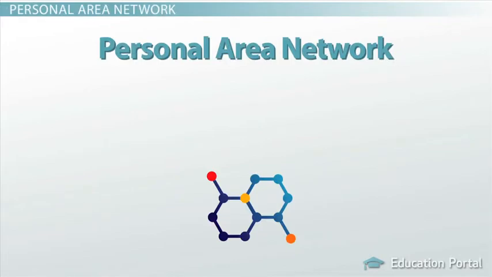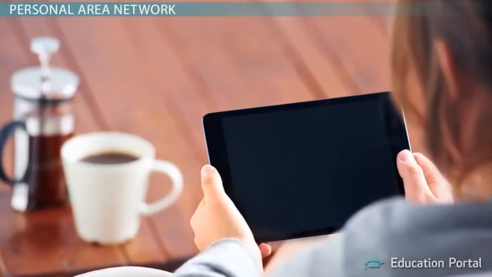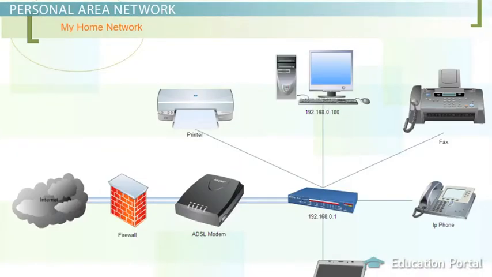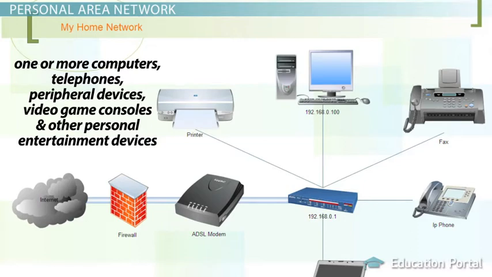A personal area network, or PAN, is a computer network organized around a single individual person within a single building. This could be inside a small office or a residence. A typical PAN would include one or more computers, telephones, peripheral devices, video game consoles, and other personal entertainment devices.